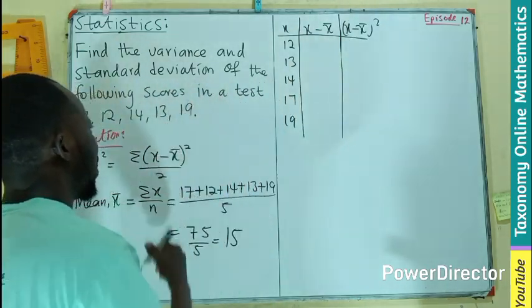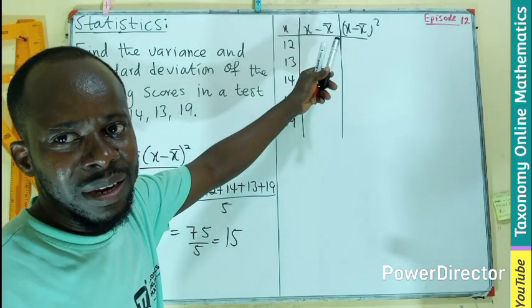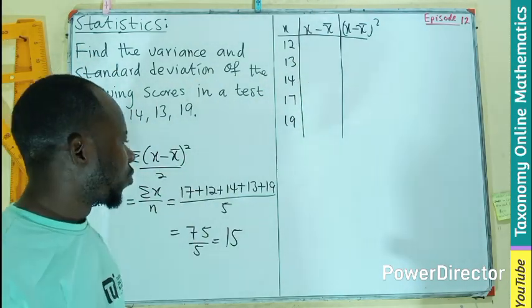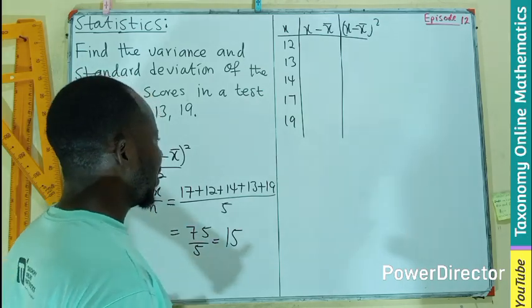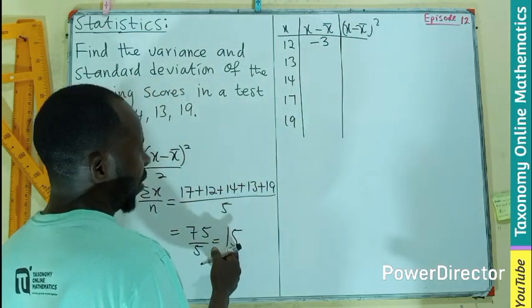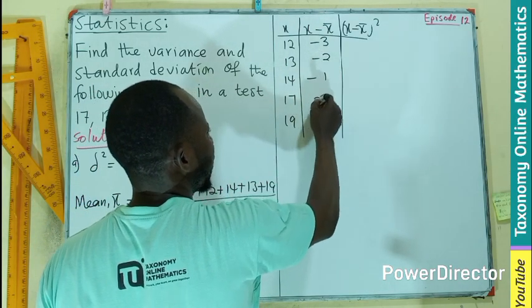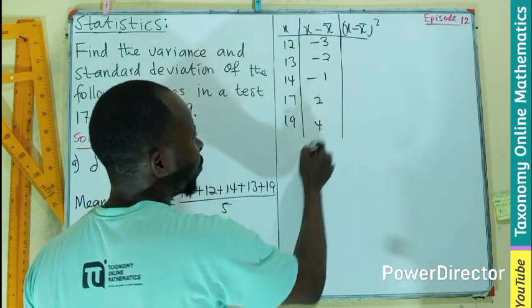So let's go. We are subtracting the 15, which is the x bar, the mean, from each of the values. So 12 minus 15, the difference will be minus 3. 13 minus 15 is minus 2, minus 1, 2, and 4.